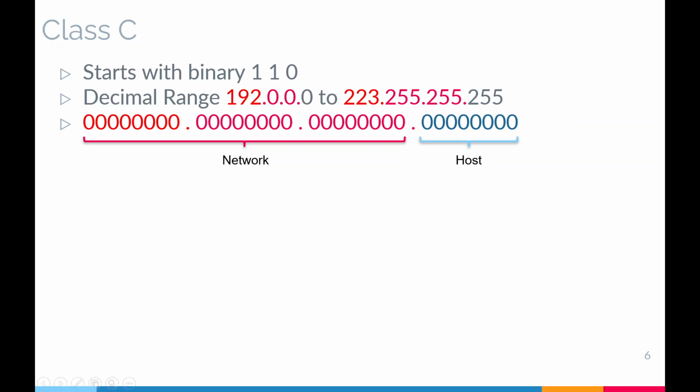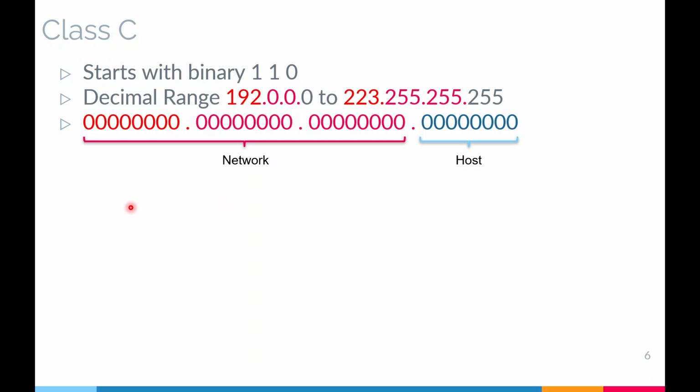So any network that is formed in class C cannot have more than 255 IPs, right? Because the only possible combination would be from 0 to 255. So it won't have any more IP addresses than that. At max, one network in class C can have 256 devices connected.